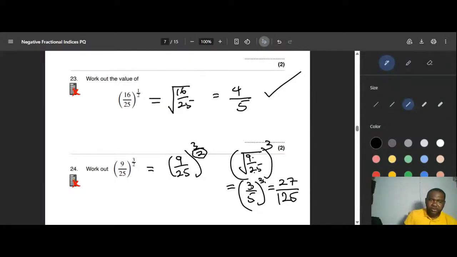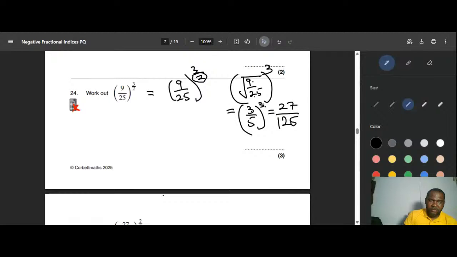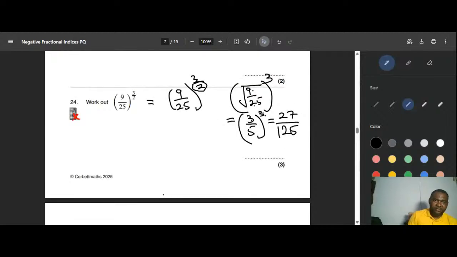Okay, look at this again. When I say 9 over 25 raised to power 3 over 2, this over 2 here means square root. So I'm going to find the square root of 9 over 25. Square root of 9 is 3. Square root of 25 is 5.